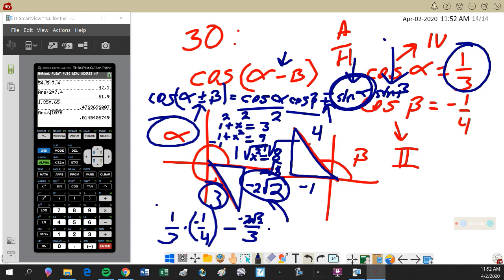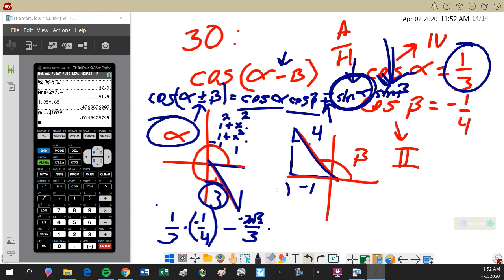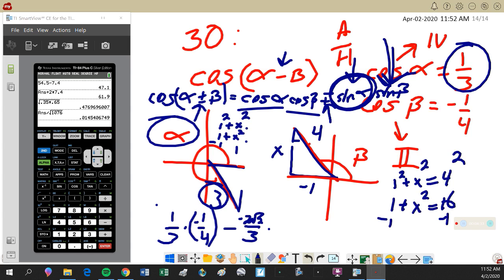Now the sine of beta is going to be built using this triangle in quadrant 2. So call that x. 1 squared plus x squared equals 4 squared. And I get 1 plus x squared equals 16. Subtract 1.